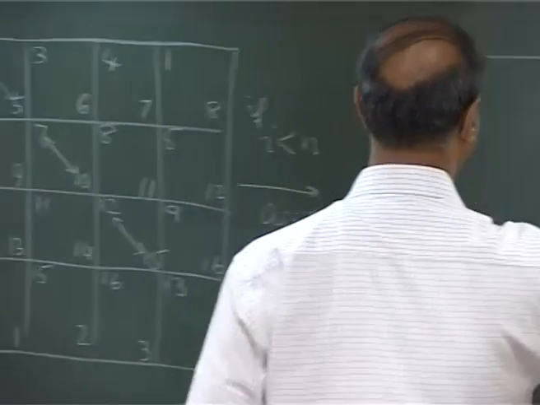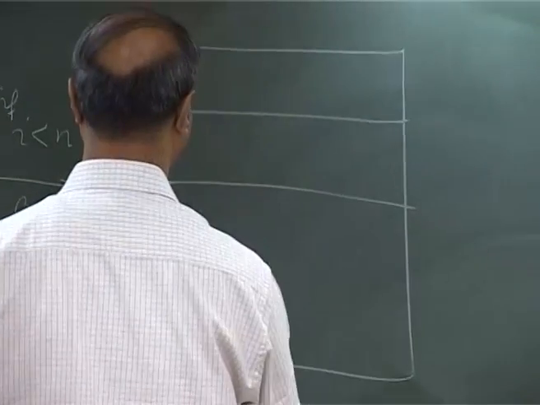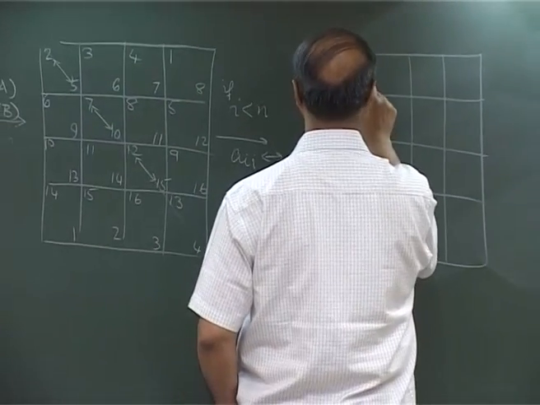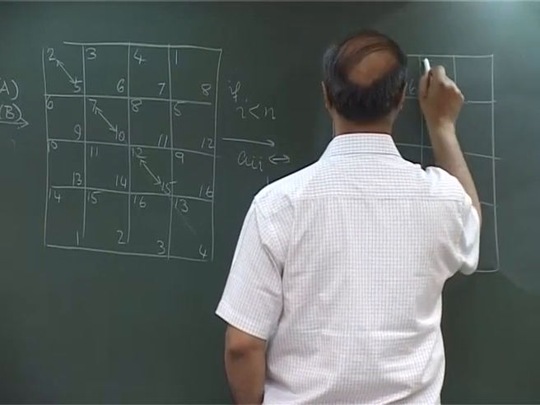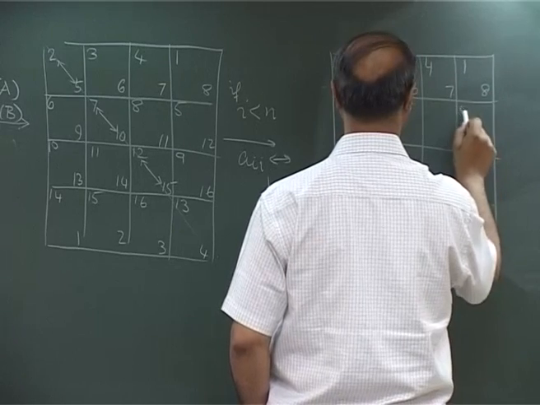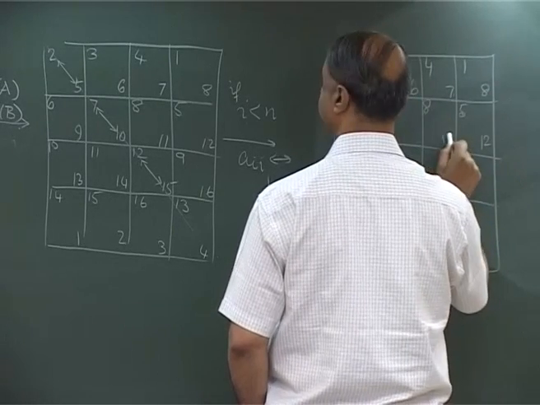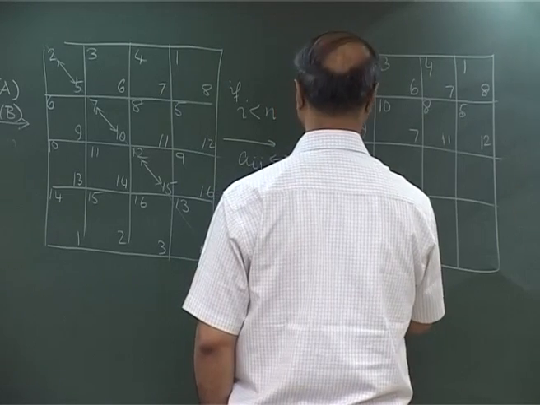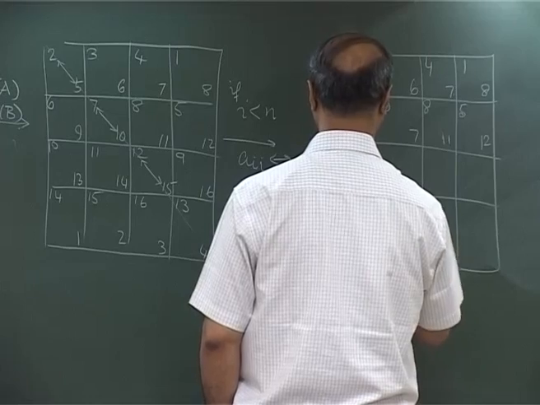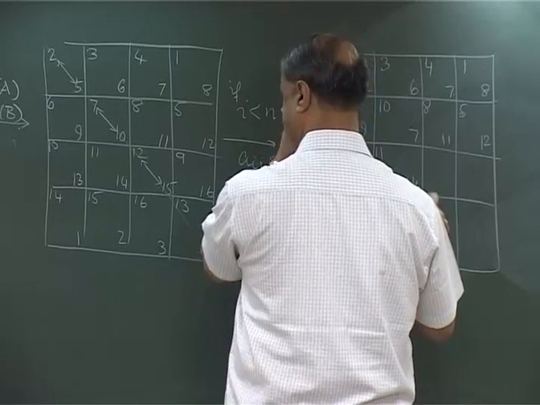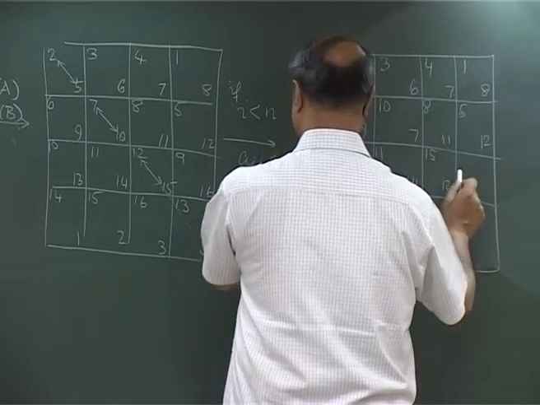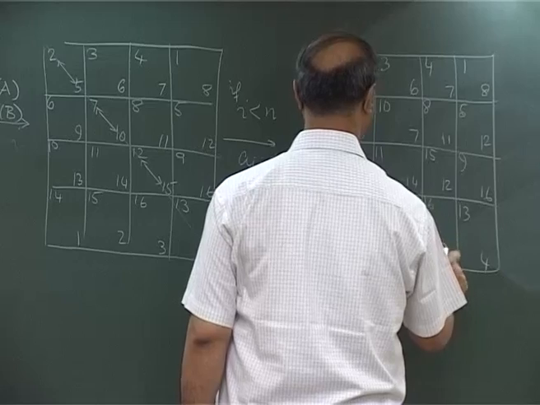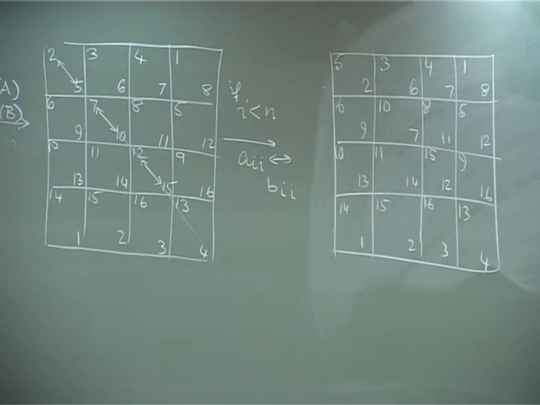If it is the case, then you get here 5, you get here 2, you get 3, you get 6, 4, 7, 1, 8, 5, 12, 8, 11, 10, 7, 6, 9, 10, 13, 14, 1, 15, 2, 11, 14, 15, 12, 9, 16, 13, 4, 16, 3. So after the first iteration, the data will be like this.